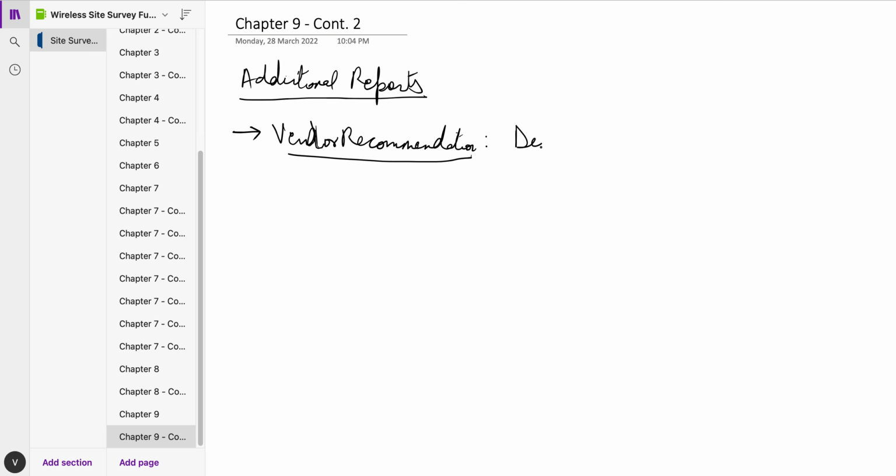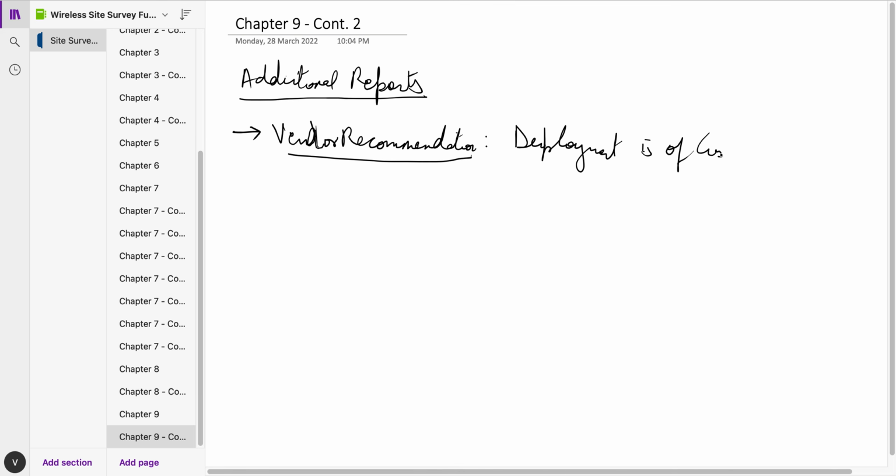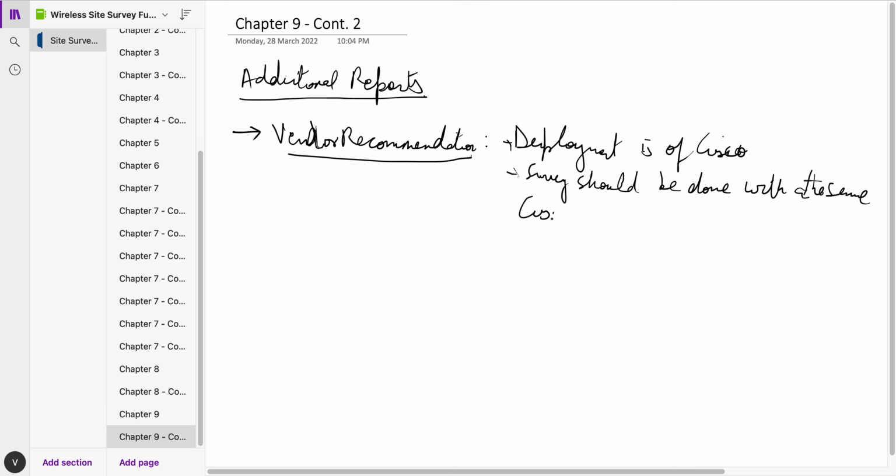So if the deployment is of Cisco, then the survey should be done with the same Cisco AP, because the vendors' AP radio cards have their proprietary RSSI value thresholds.